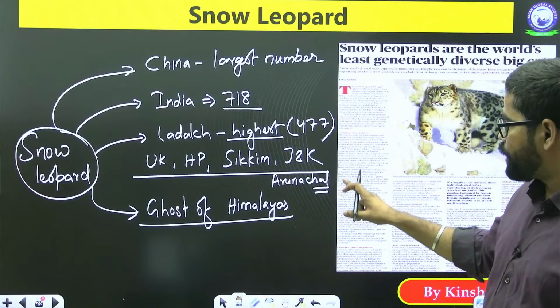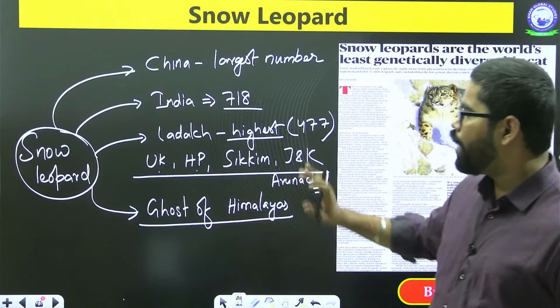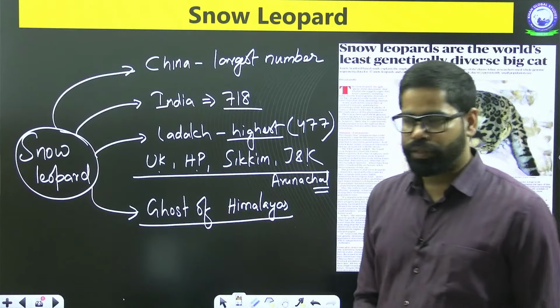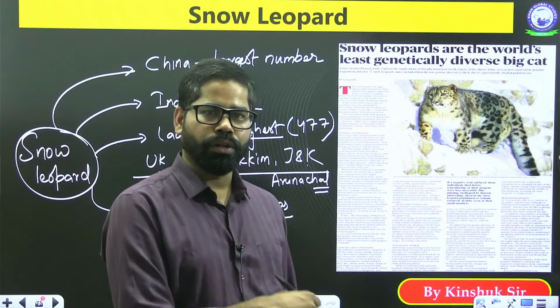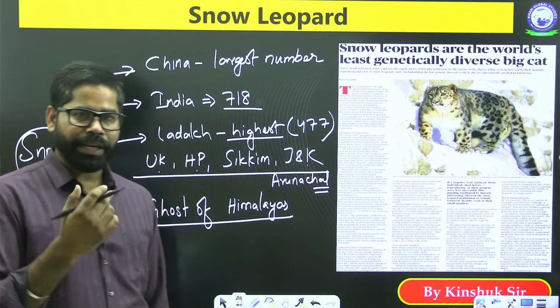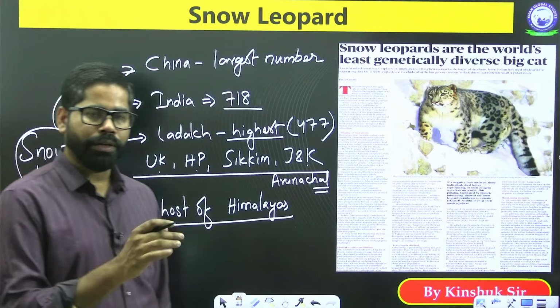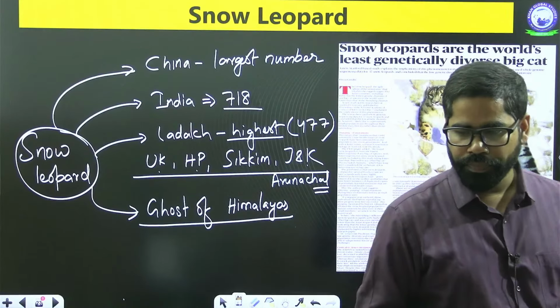So Arunachal Pradesh is there, Sikkim, Jammu and Kashmir, Himachal, Uttarakhand and Ladakh. Then you will find it in Nepal, Bhutan, China, Pakistan, and many other countries. Around 12 countries have a population of snow leopard.